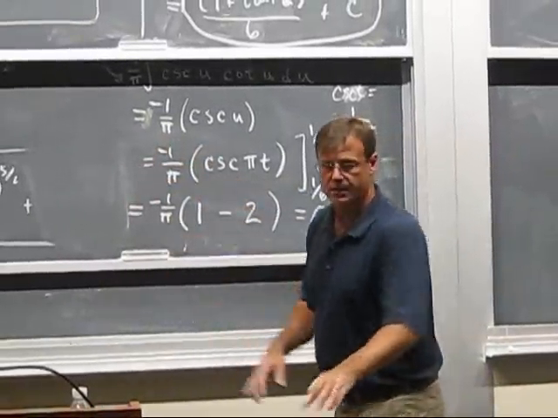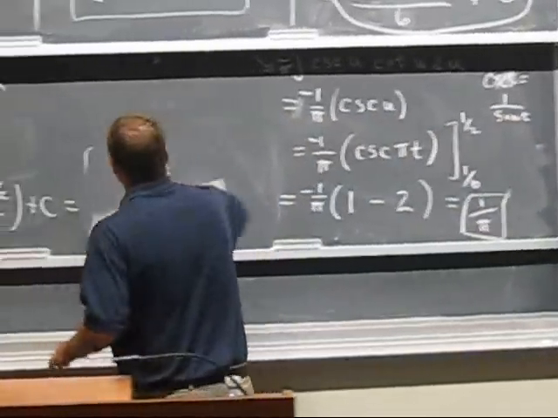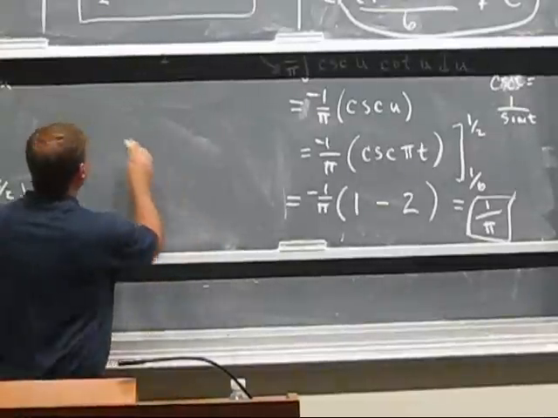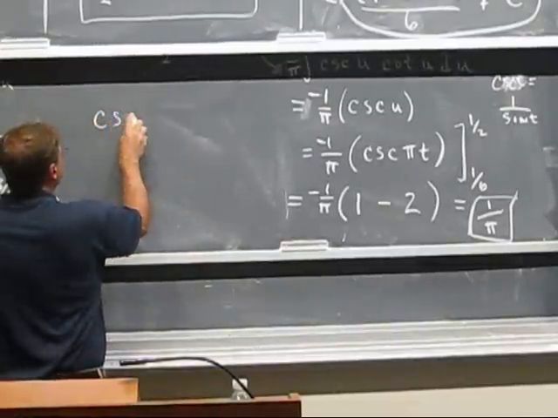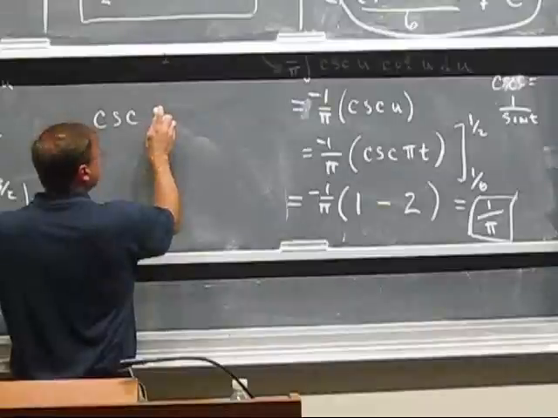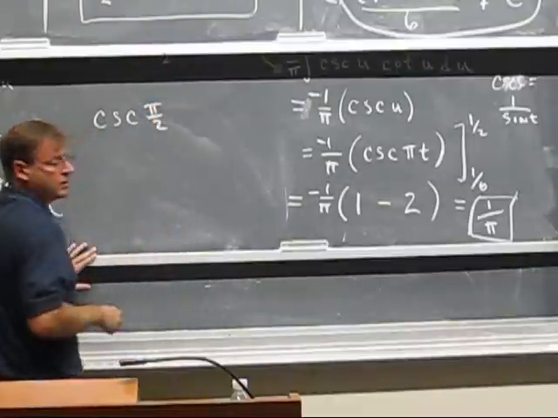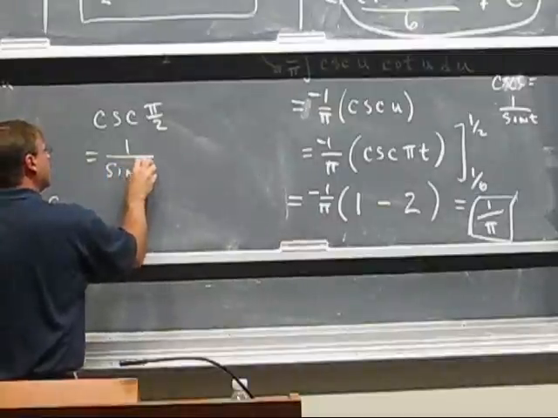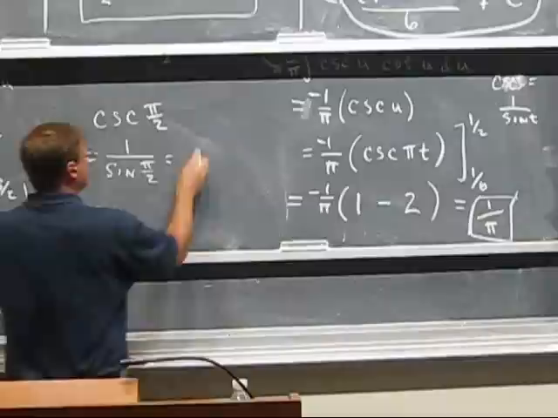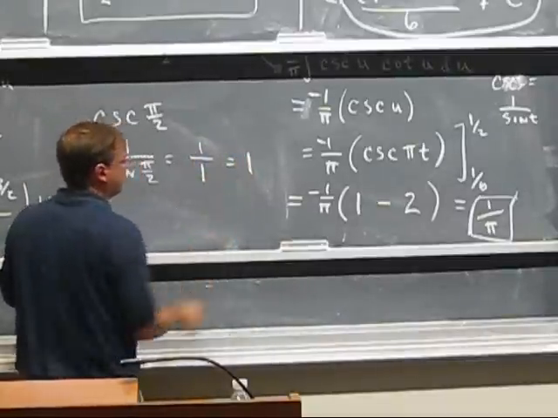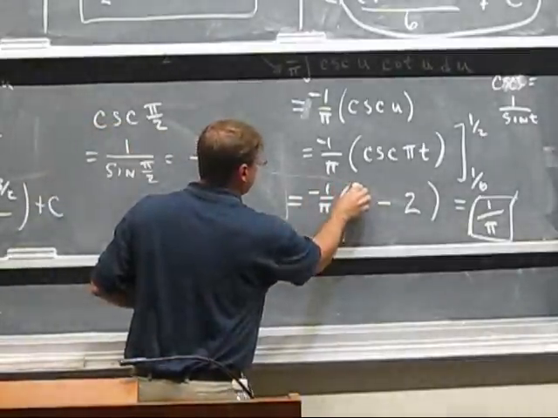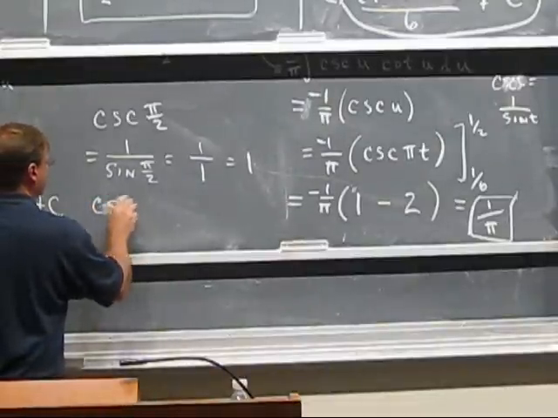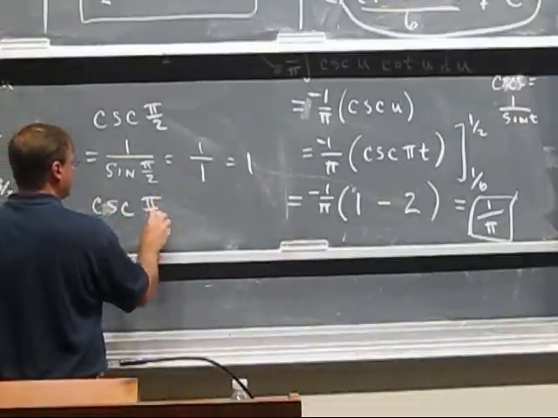Now I'm going to go over here on this little space and do the trigonometry for you rather than just talking about it. So I have cosecant of pi over 2. That's the same as 1 over sine of pi over 2, which is 1 over 1. Okay, that's this one right here. Then I have cosecant of pi over 6.